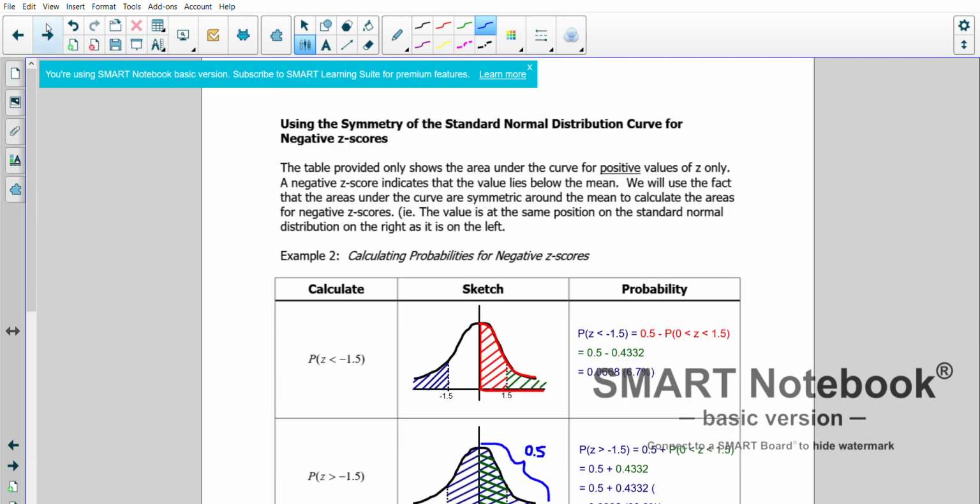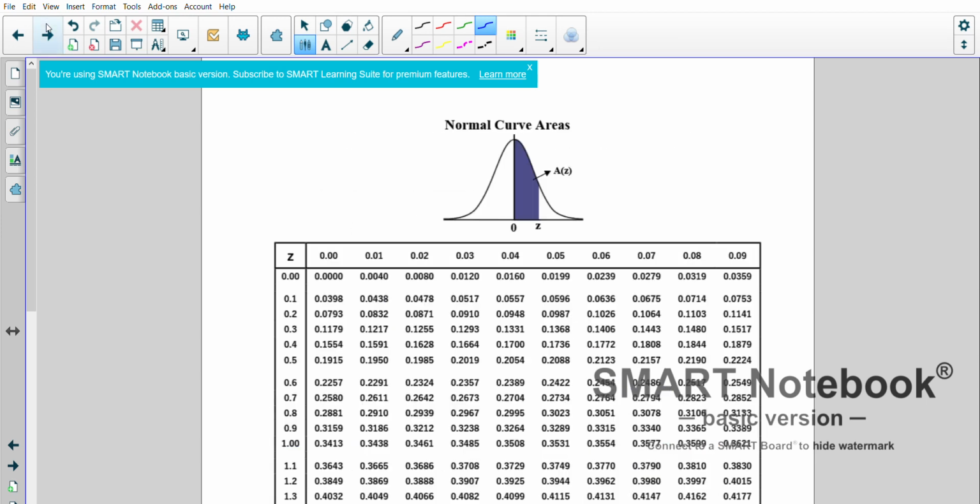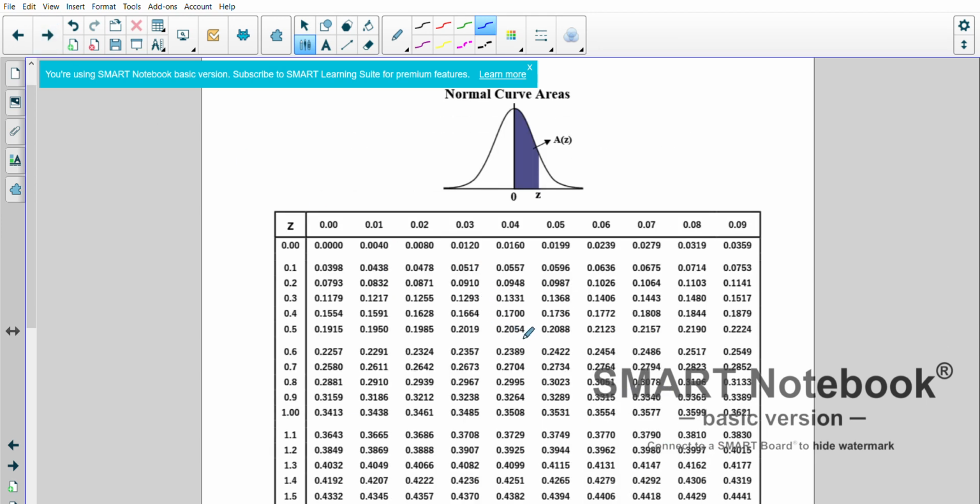This is the table. Okay. What this tells you is the area under the curve between 0 and whatever your z-score is, positive. Due to symmetry, they don't need to give us negative because we can use symmetry to figure that out.